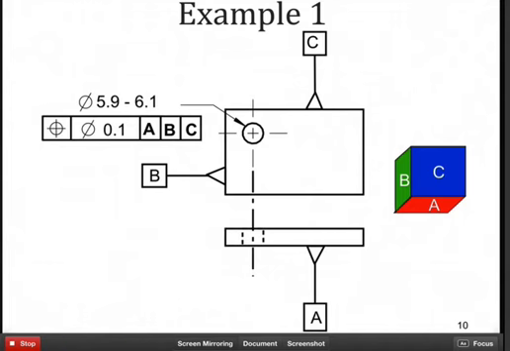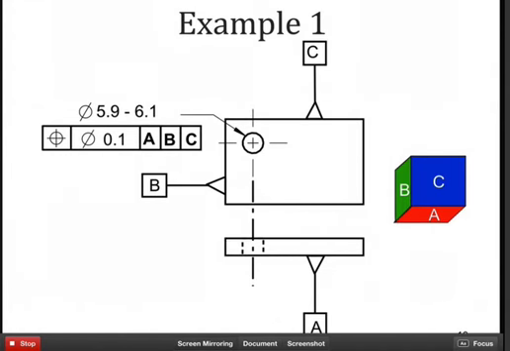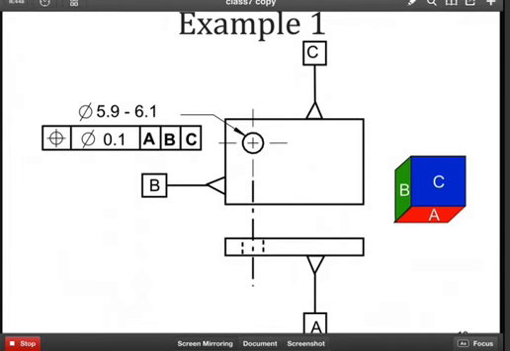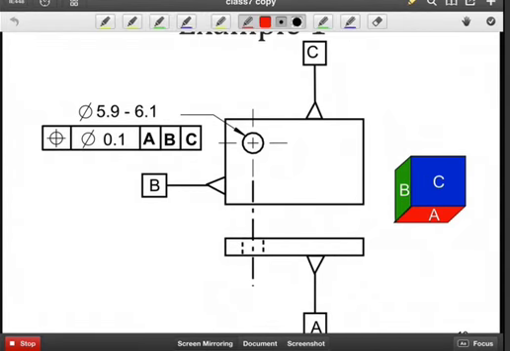So going back to our example here, we see we've got a feature control frame, and in that feature control frame we have 3 datum references in sequence. Again, order is important.